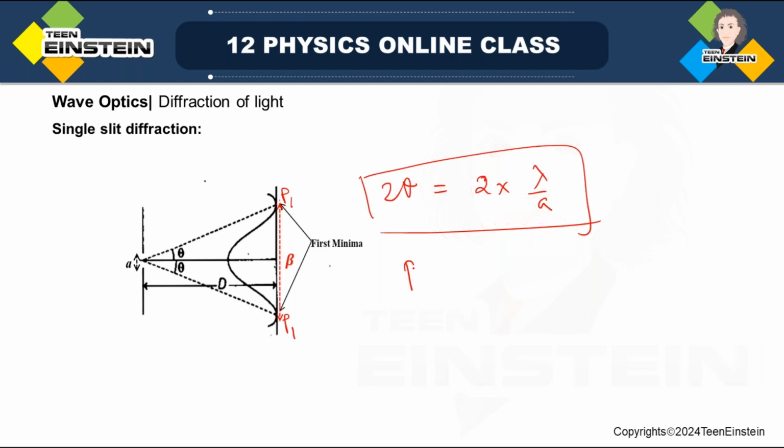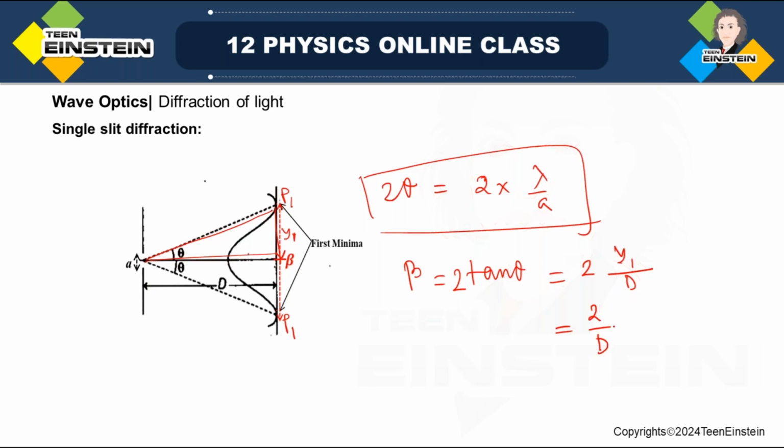What is the linear width? Linear width is actually beta. I can take this triangle and write tan theta. Beta is equal to 2 tan theta, because up to this it is 2 into tan theta. If this is y1, then y1 divided by d.